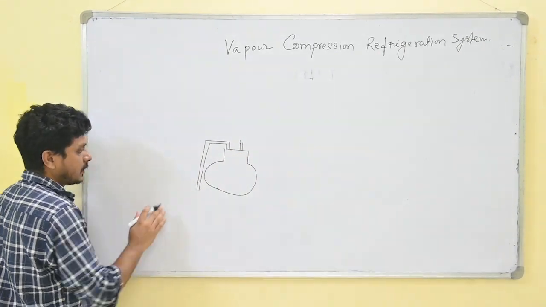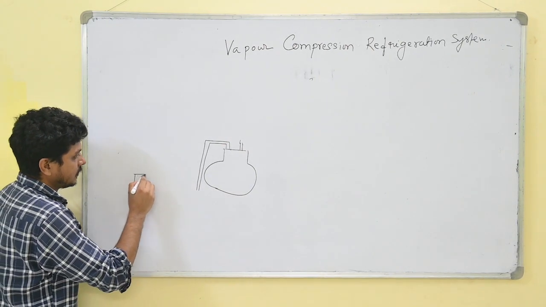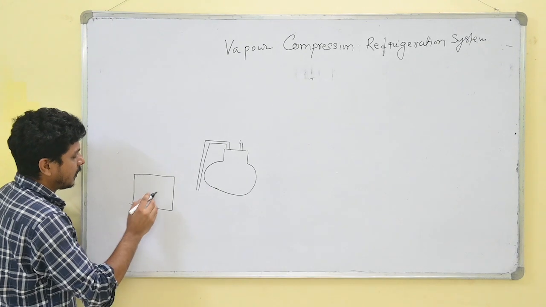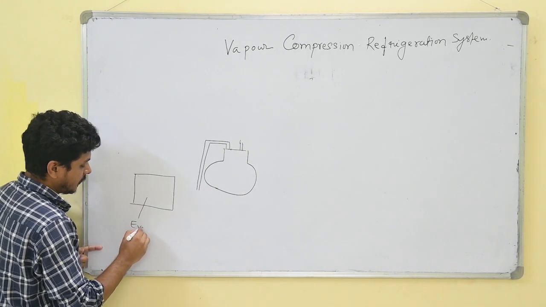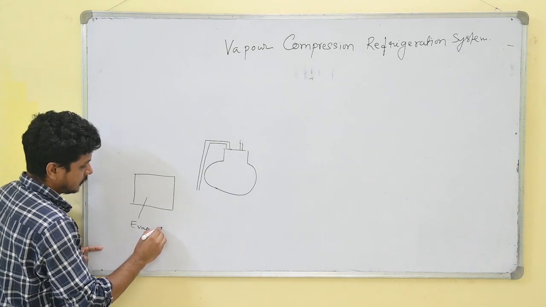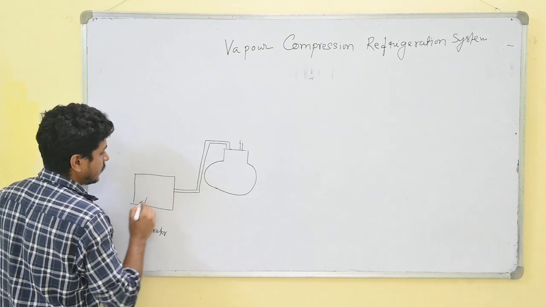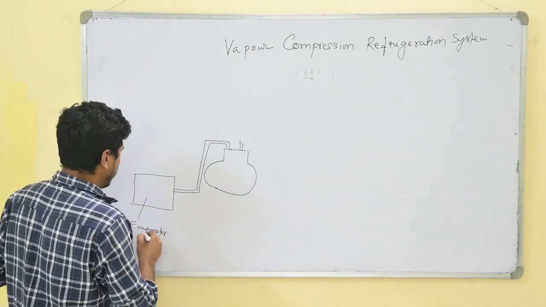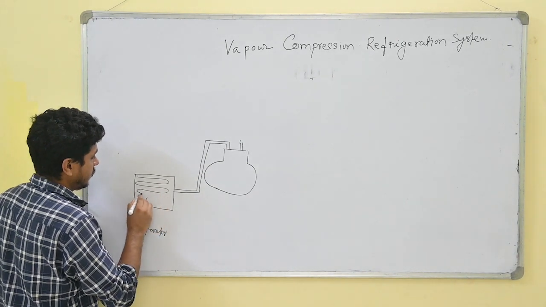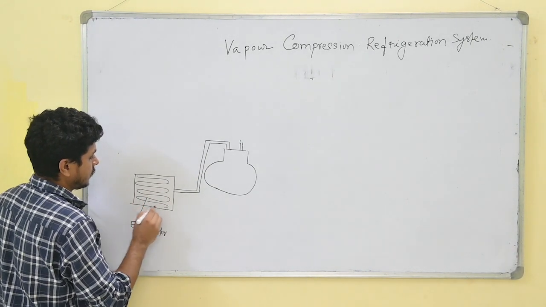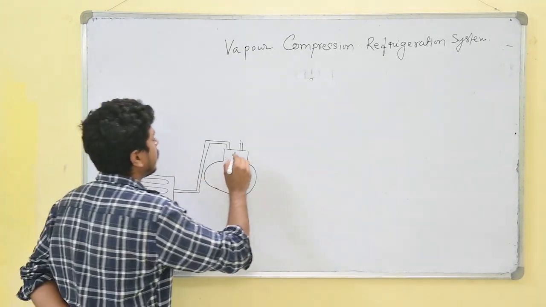The inlet port comes from a device called the evaporator, and it is also a heat exchanger. Here the heat transfer takes place between the refrigeration space and the evaporator coil.